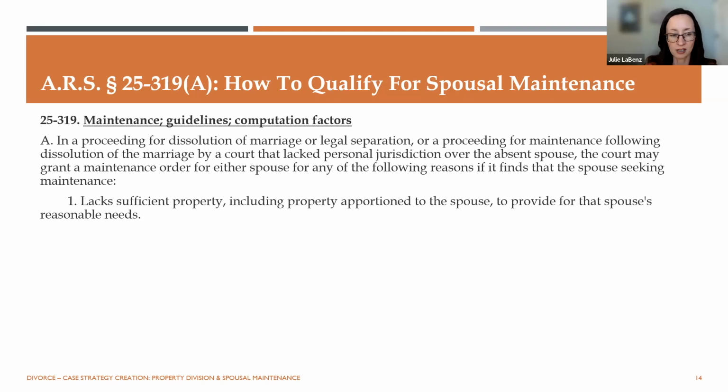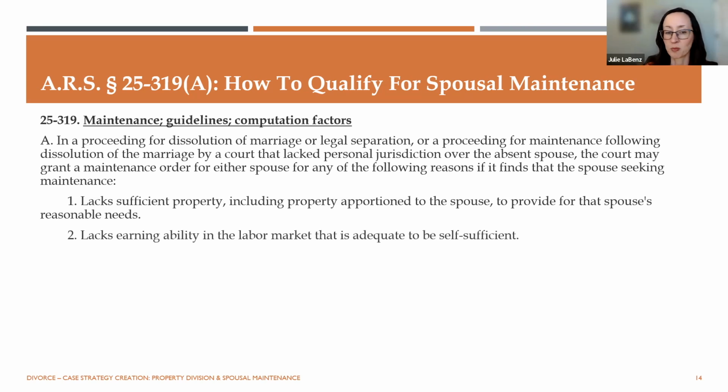So often, if one spouse is alleging a claim to spousal maintenance under A1, they take their AFI and say, look, here's my income, here's my expenses, there's a shortfall. So I lack sufficient property to provide for my reasonable needs. That's usually how it is put forth. You get that AFI and then you use that to support this reasonable needs claim.